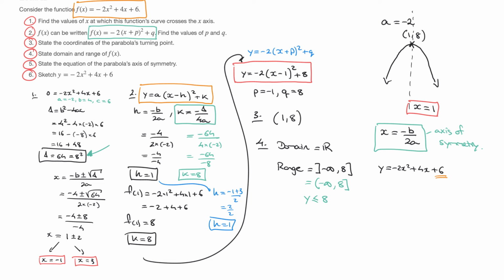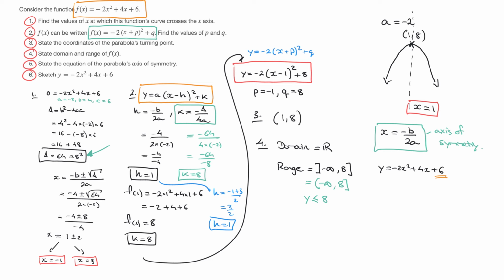To convince you of that, to find the y-intercept, I replace the x's by 0. And if you replace x by 0, this whole thing equals 6. In a very similar way, when we want to find the x-intercepts, we replace the y by 0 and solve for x. So I now know all I could possibly need to know, really.